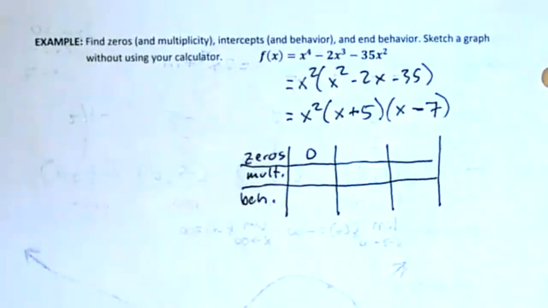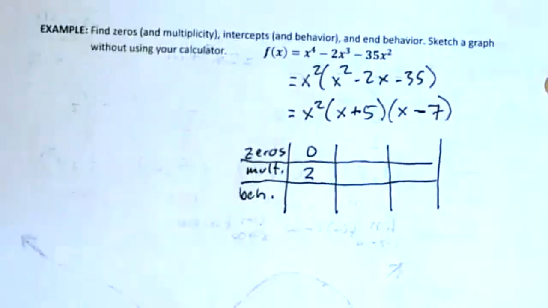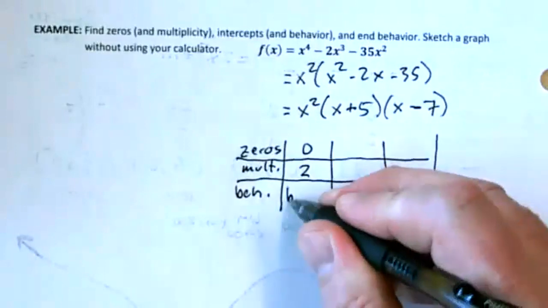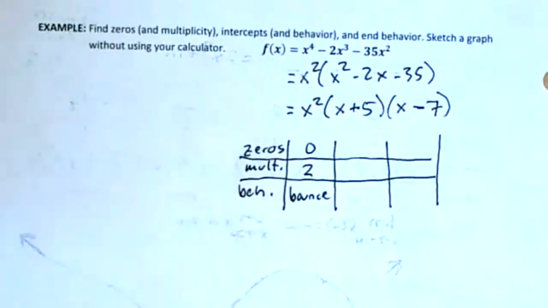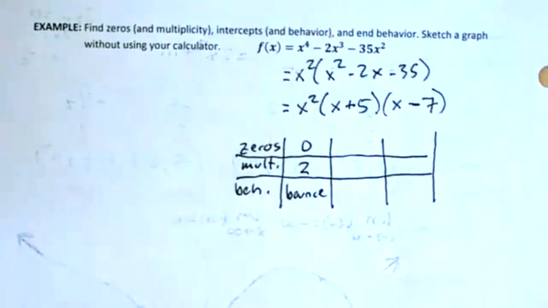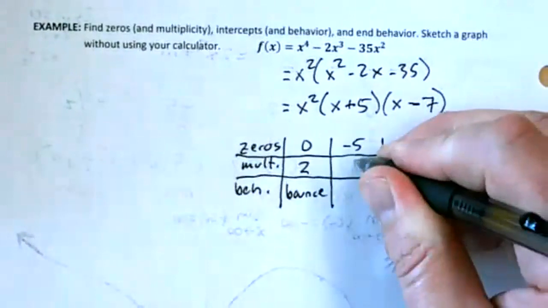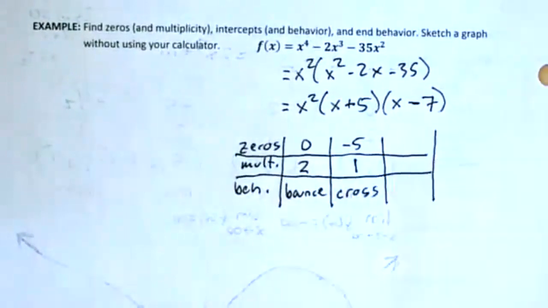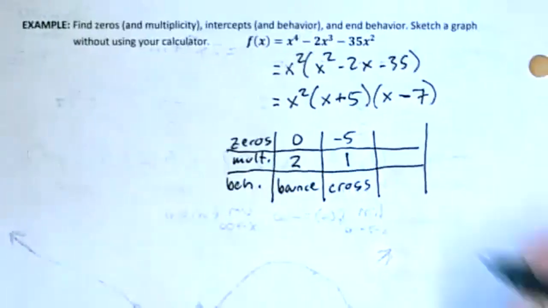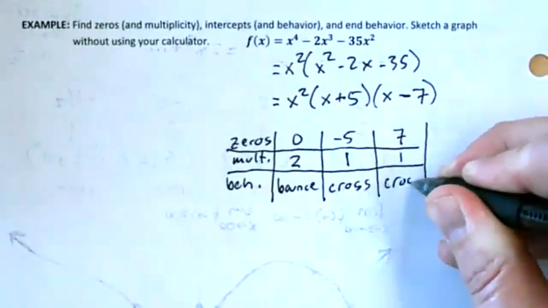Multiplicity, it's got an exponent of 2, so multiplicity of 2, behavior, then it's going to bounce. X plus 5 is going to give us a zero of negative 5, multiplicity 1, so cross. And x minus 7 is going to give us a zero at positive 7, multiplicity of 1, cross again.